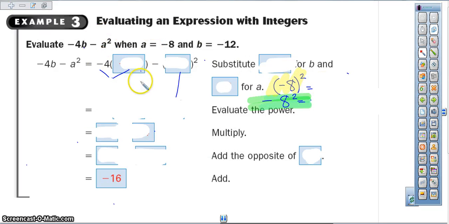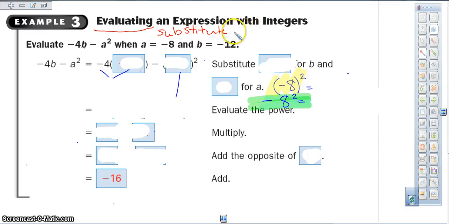You will be asked to do some evaluating. There's none in your worksheet or in your notes like this. But when it says evaluate, go back to your definitions. An evaluation is when you simplify. So when you evaluate, you're going to substitute in the values for our variables.